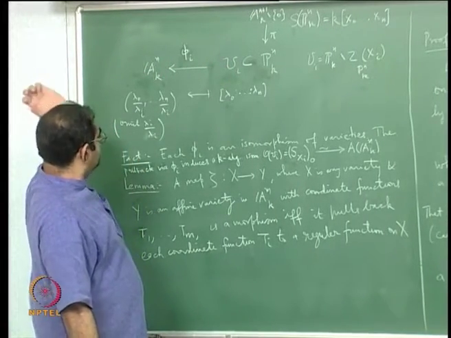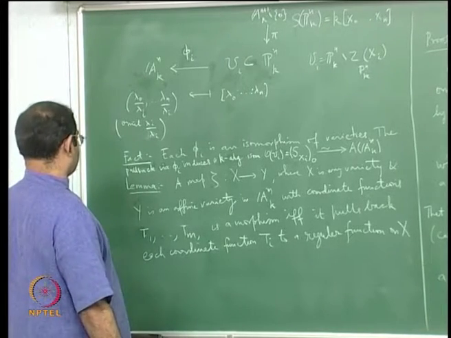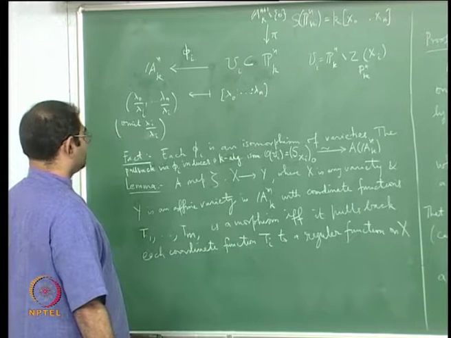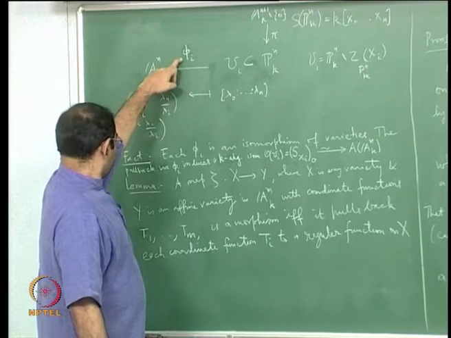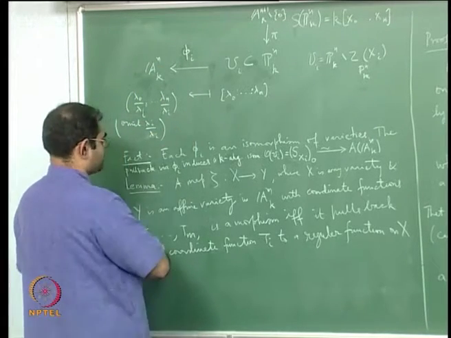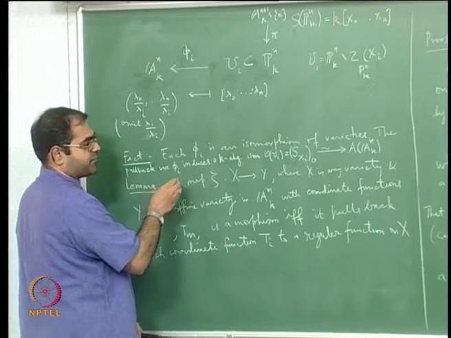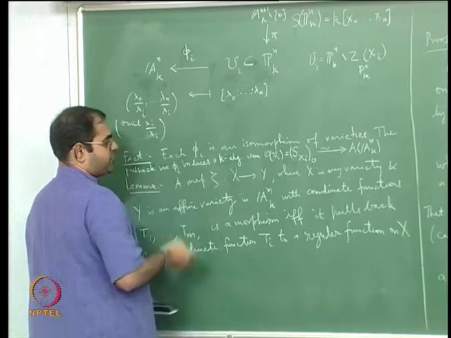regular functions from the... okay, I think my directions are wrong. If I want to use phi I, then I must pull back regular functions from here to here, so my directions are wrong. So maybe what I should say is I should rather change this to phi I inverse, or if I want to use phi I I should change this.